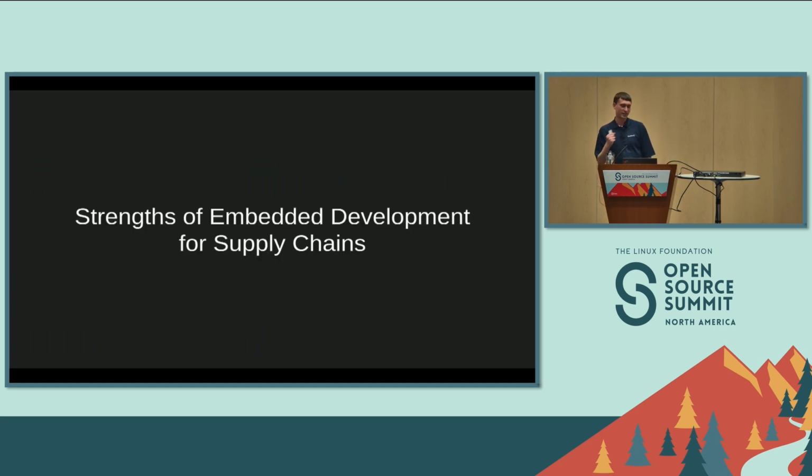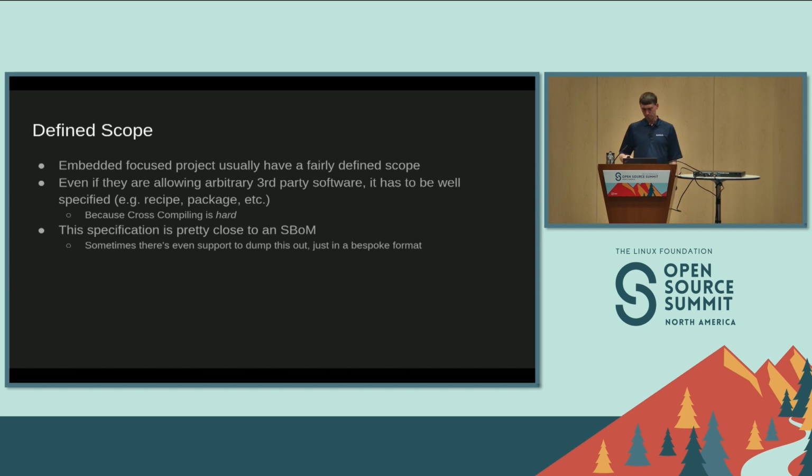So when we're specifically talking about the supply chain for embedded systems, I think there are a lot of strengths that embedded supply chains have that, if all you've ever done is embedded supply chain, might just seem like, well, yeah, sure, that's just how they work, but aren't necessarily common across all the ways that software is produced. So one of the things that embedded build systems have going for them is they usually have a very well-defined scope.